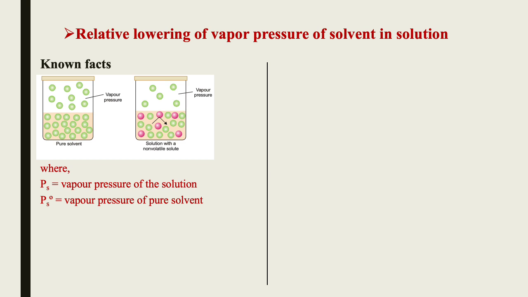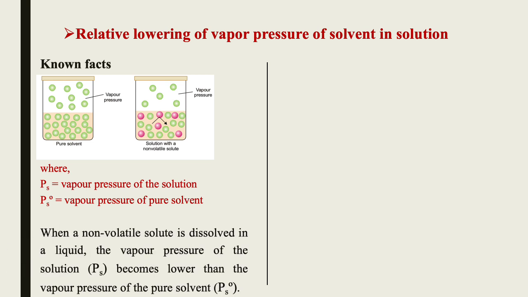Now here you can denote this vapor pressure. For pure solvent we denote it by Ps naught, that is the vapor pressure of pure solvent, and for the solution, the vapor pressure we denote as Ps. So that is the vapor pressure of the solution.